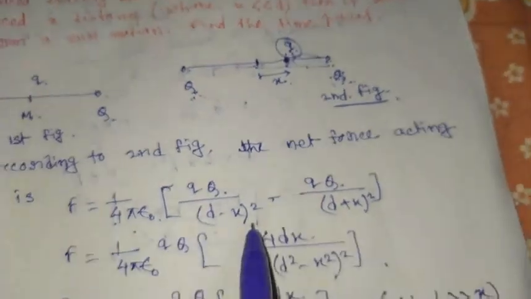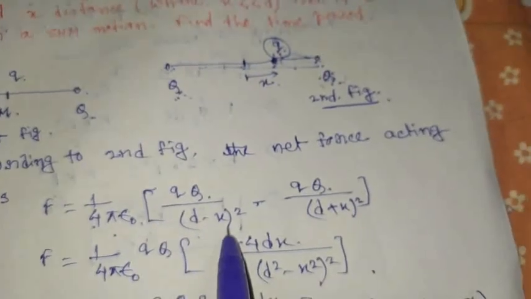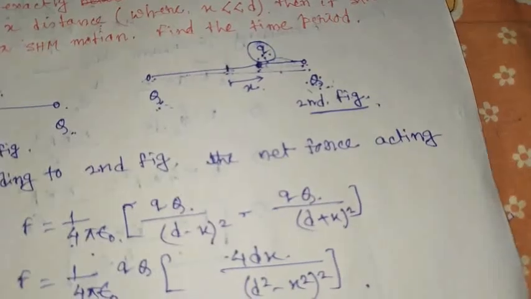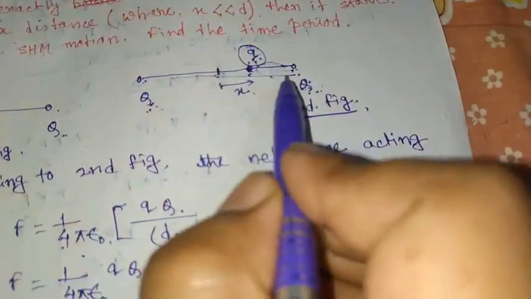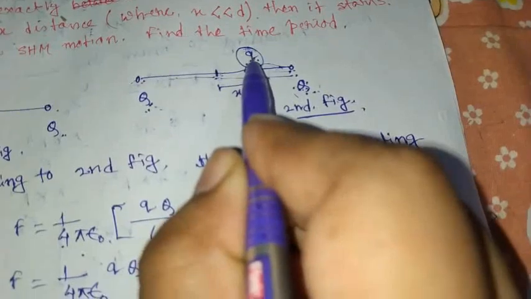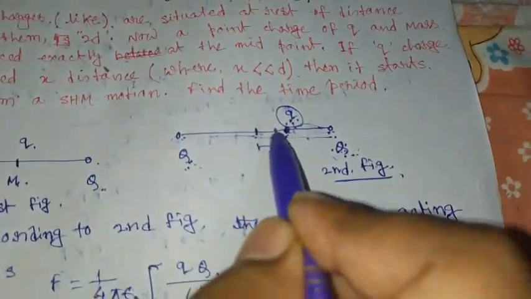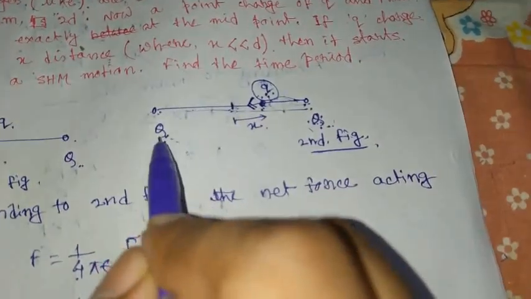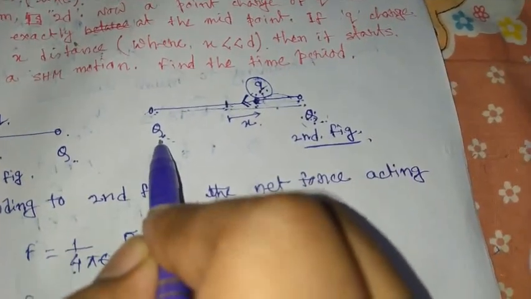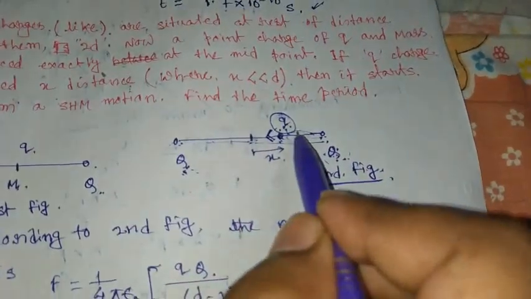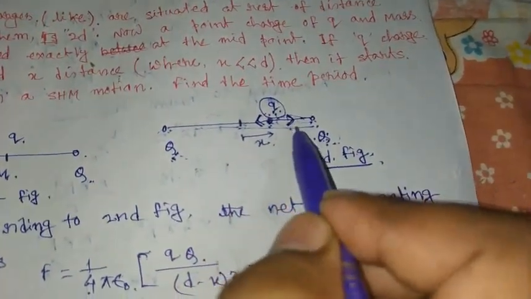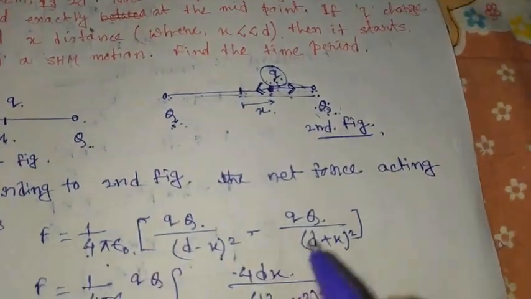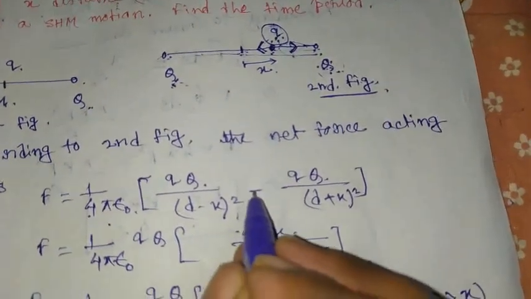This force is in this direction, and due to the other plus Q, the force on this q is in the opposite direction, so the net force will be a subtraction.